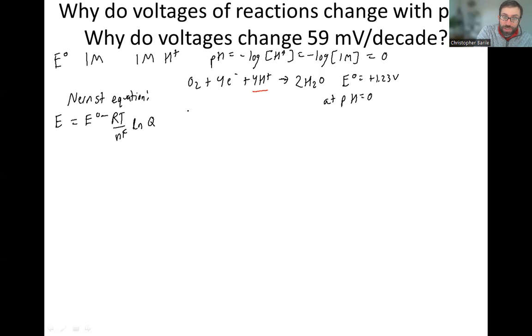So if we think about some generic reaction like oxidized species with some stoichiometric coefficient, I'll just call it Y. Y moles of oxidized species reacts with N moles of electrons and M moles of protons. That goes to, let's call it Z moles of reduced.